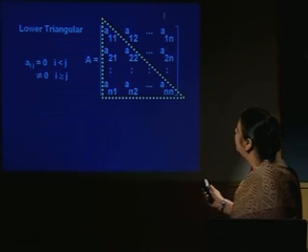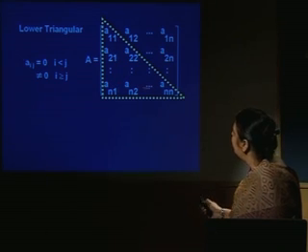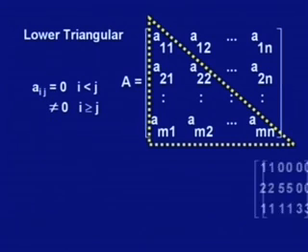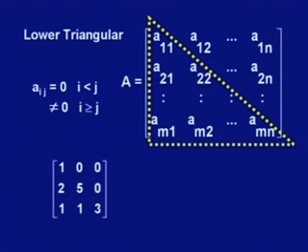So, all these elements have to be 0 for a lower triangular matrix, but the elements which are inside, for them i is either equal to j for the diagonal or i is greater than j, and these elements are non-zero. For example, we have this lower triangular matrix. Here all these elements are 0 and non-zero elements appear in the lower triangle.